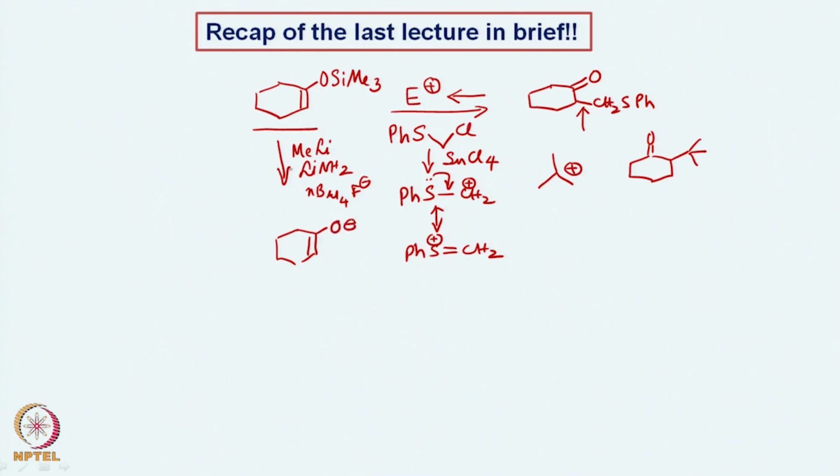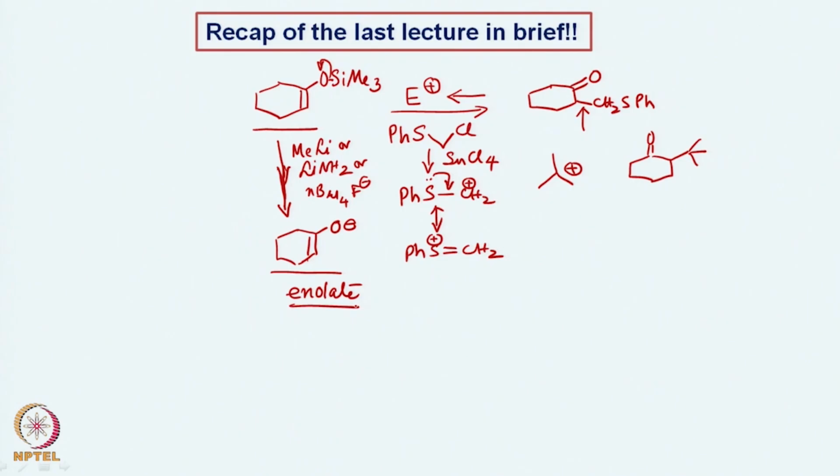When any one of these nucleophiles reacts, the carbon silicon bond is broken and the enolate is generated. So enol silyl ether can be made reactive as a reactive nucleophile or an enolate upon reaction with species like methyl lithium or lithium amide or tetrabutyl ammonium fluoride.